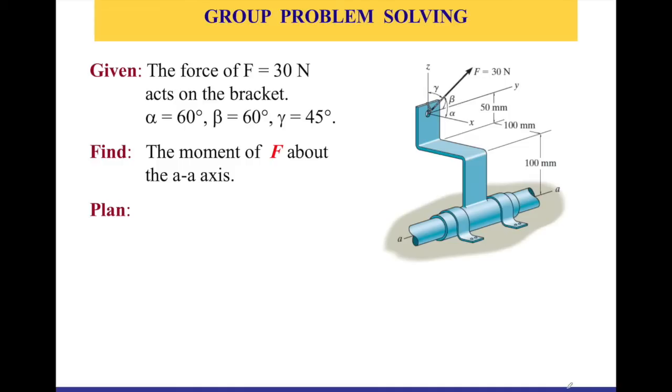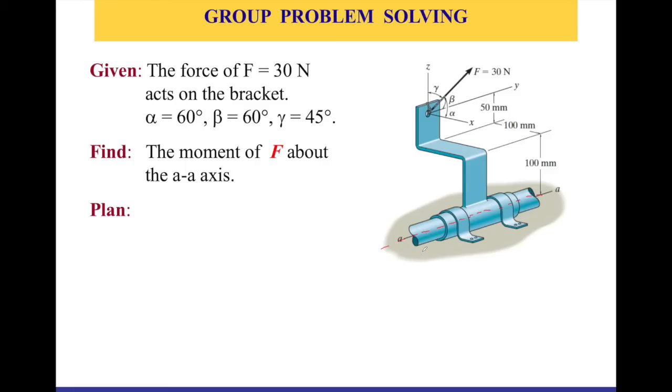Also, the question is asking to find the moment of the force F about the axis AA, which is the axis that we would like to find the moment about, created by the force F. So it's not a moment about a point, it's a moment about an axis.